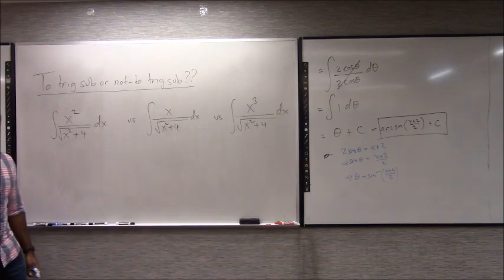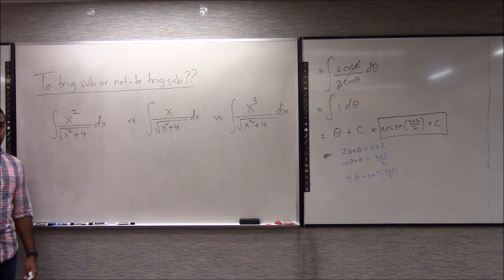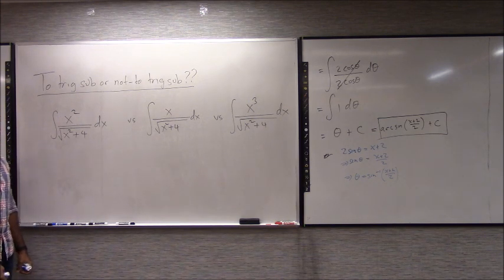They all have the form that a trig sub could work. You can solve all of these integrals by trig sub, but the thing is, you wouldn't, at least not if you want to be efficient.